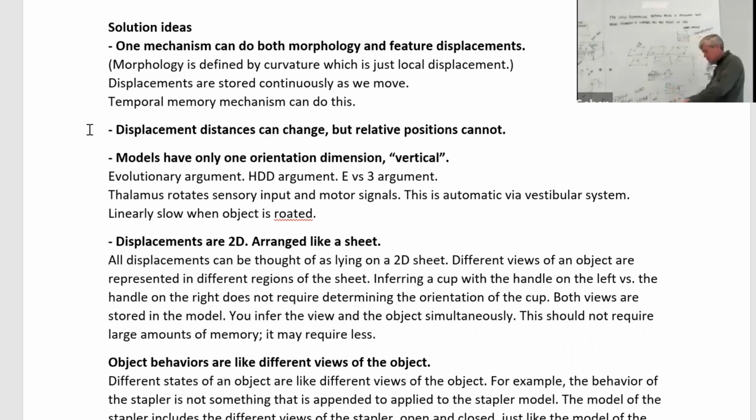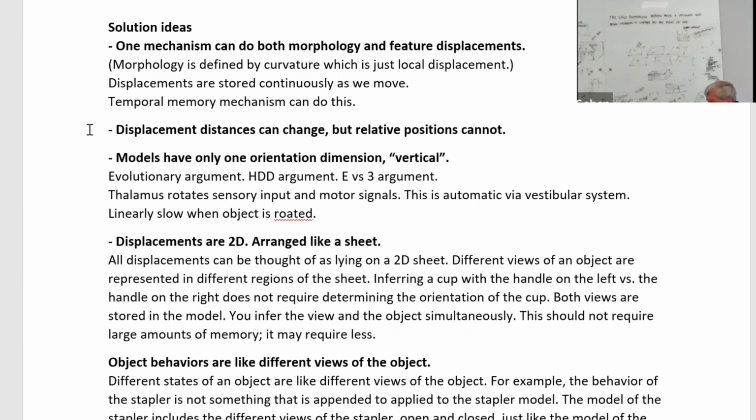And the displacement says, okay, here's a displacement, but I can also represent that displacement uniquely in the context of this particular object at this particular location. And therefore, in the context of the coffee cup, I know that if I have this displacement in the context of the coffee cup, I go this way, I'll have something else. But in a different context, it would be a different thing, right? So you go from, I'm measuring displacements, but I need to represent them uniquely in the object space, or uniquely for the object.